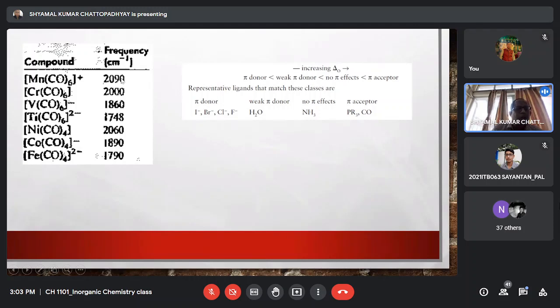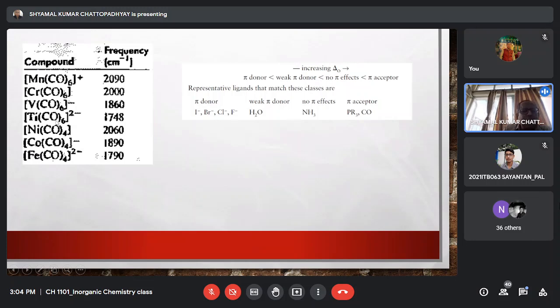So as we go from Mn(CO)6 plus to Cr(CO)6 to V(CO)6 minus, you see down the group the stretching frequency decreases, and this is because the pi back bonding capability of the metal ion increases as the positive charge on the metal ion decreases and negative charge increases, and greater the pi back bonding, smaller is the pi bonding of the carbon monoxide, and so the stretching frequency decreases.